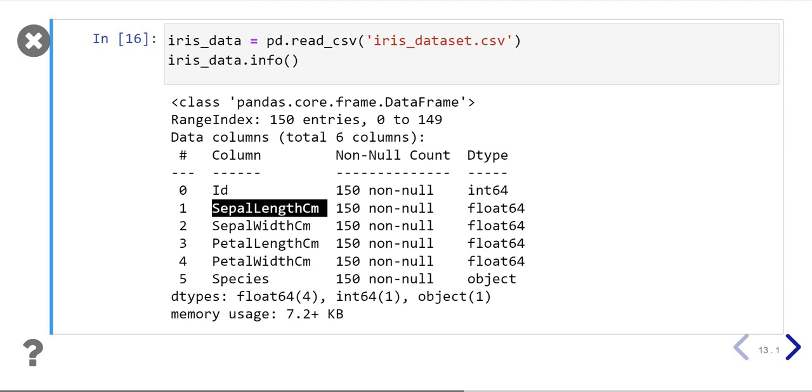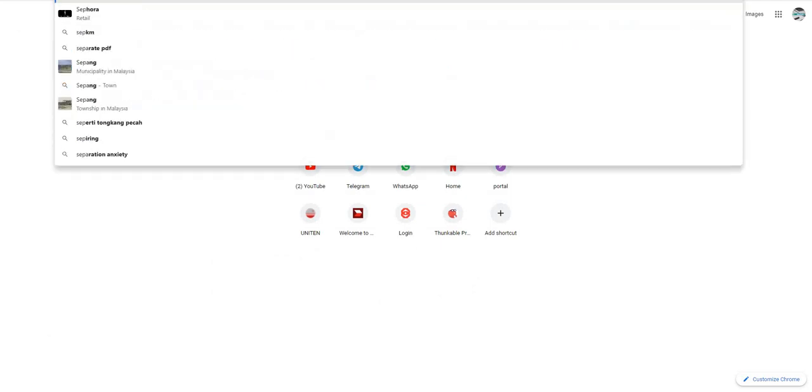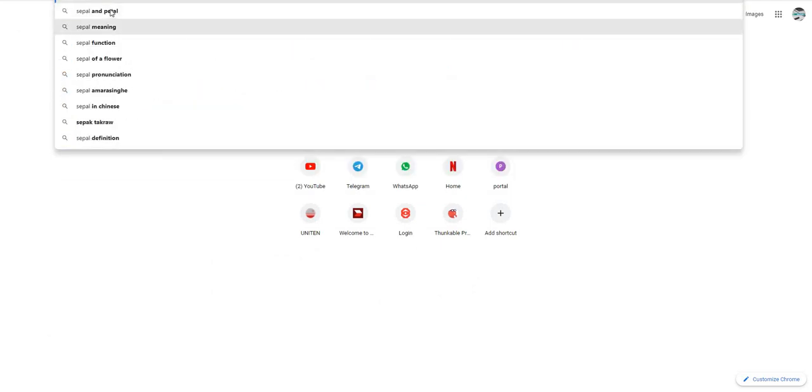This is talking about the iris flower. There is the sepal and also the petal width. The sepal is one part of the flower that's coming out. What is the sepal length, and what is the width, and also you have the petal.